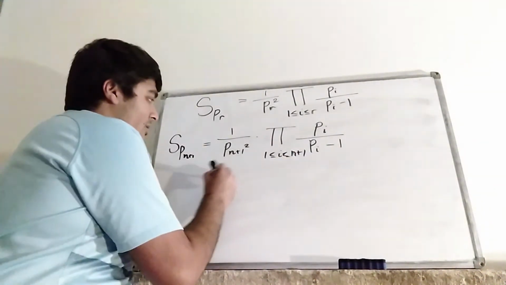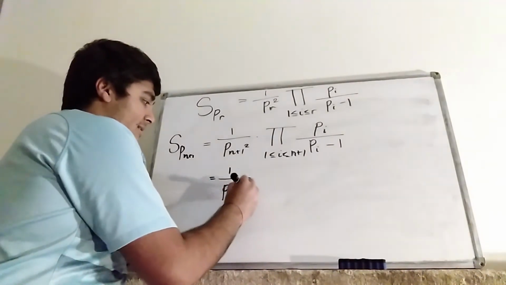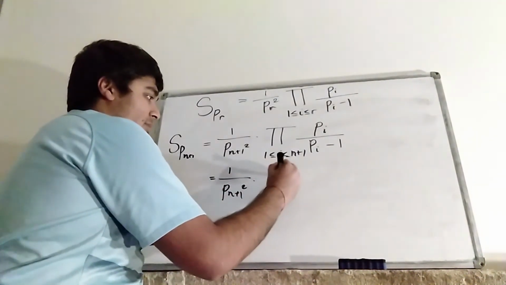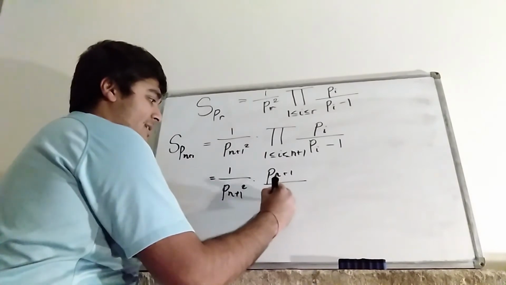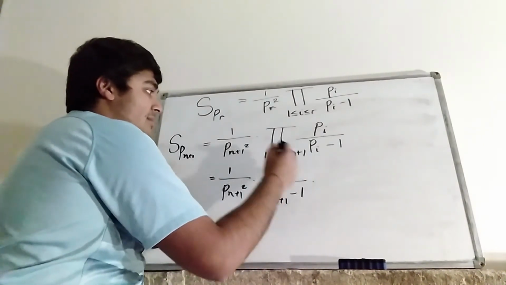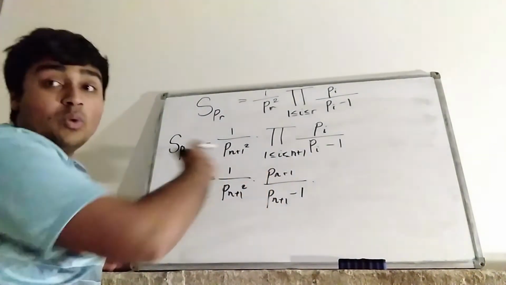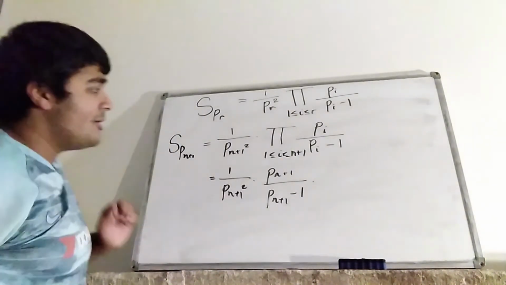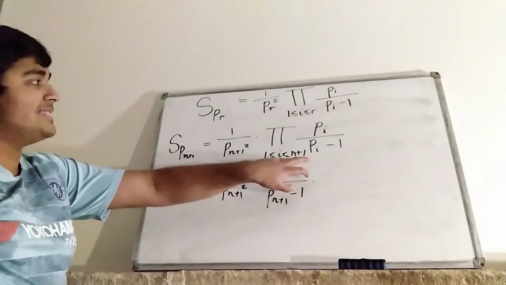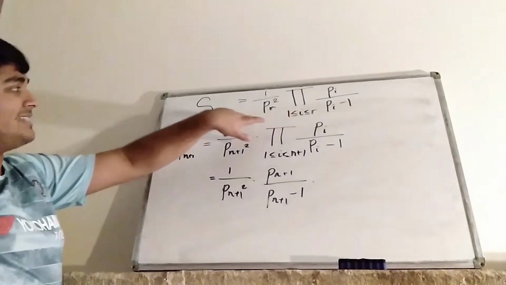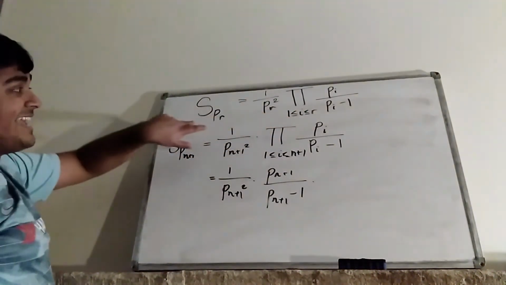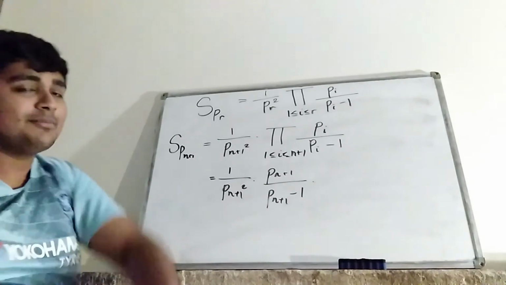So this is equal to 1 over p_{n+1} squared times p_{n+1} over p_{n+1} minus 1 times the product from i going from 1 to n, because I've taken out the last element. But the product from i equals 1 to n is just the case for 1 over p_n squared, so bringing this to the right hand side, times S sub p_n.